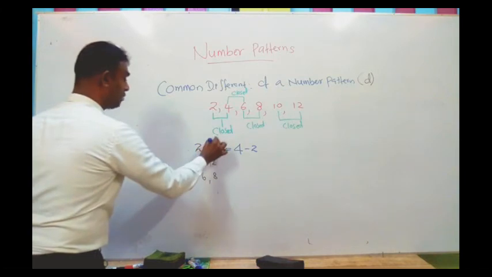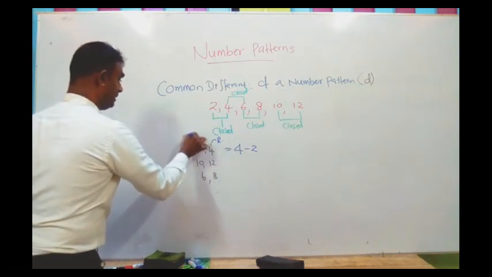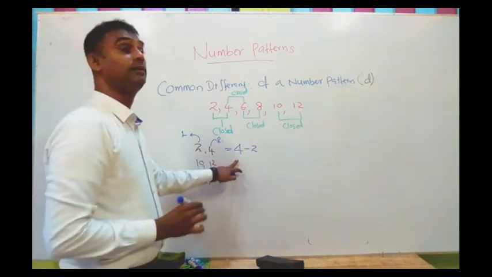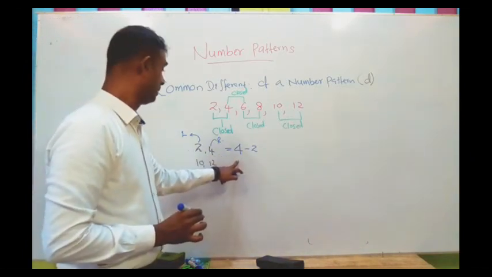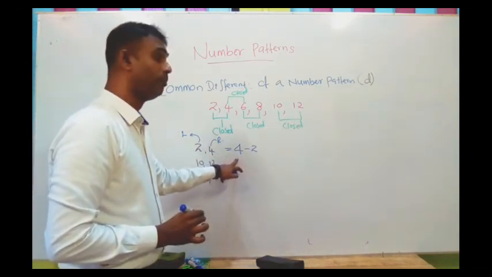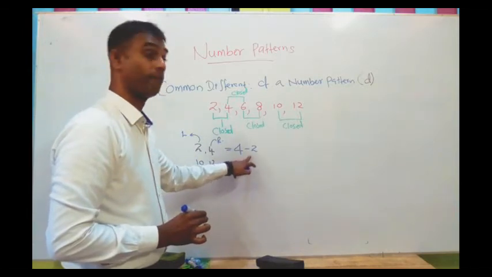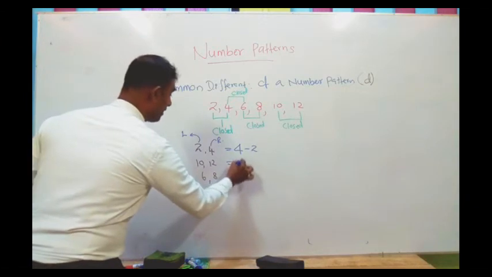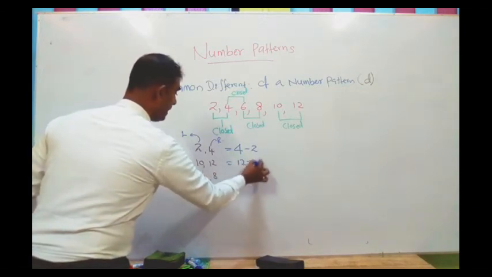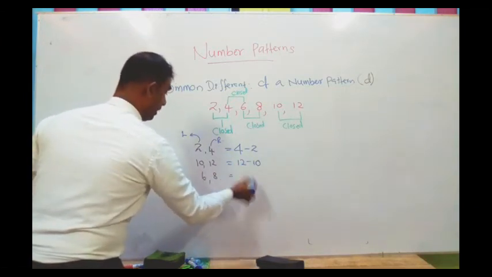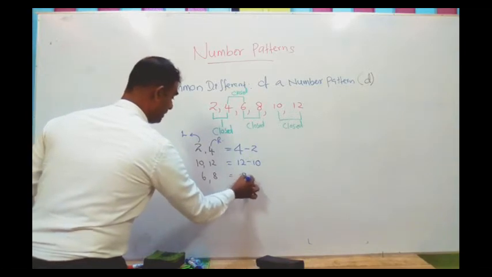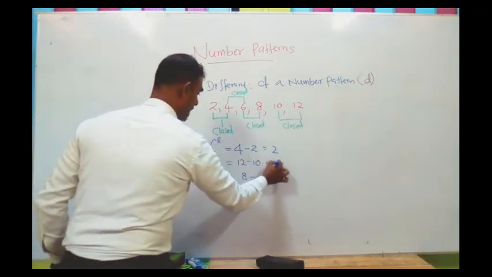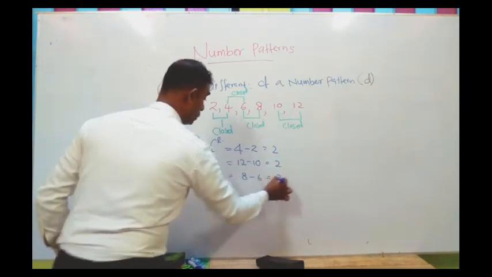See here, 12 is on the right side, 10 is on the left side. Right side is 8, 6 is left side. The answer is 2, the answer is 2, the answer is 2.